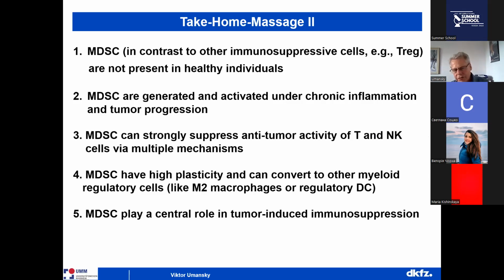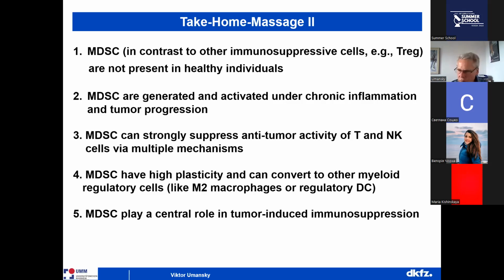Well, I think that what is interesting and can be relatively easily used and not so, let's say, expensive is, for example, the blocking of the migration of myeloid-derived suppressor cells. We have also some other inhibitors of the migration. So I showed you only one example, but there is another inhibitor of CCR5.